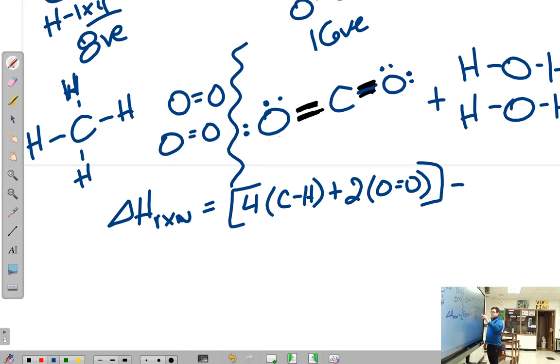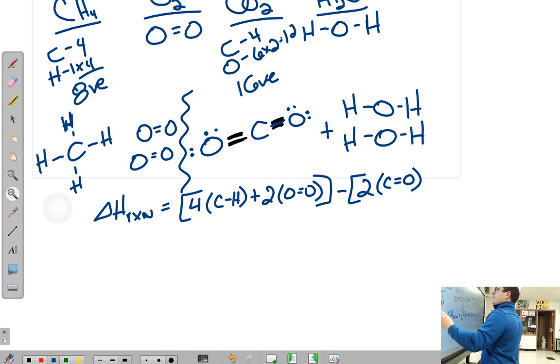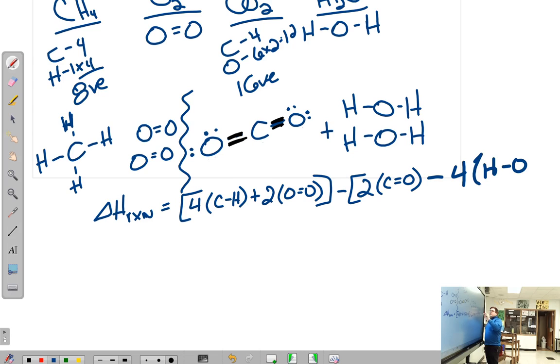Carbon dioxide and water. 2 carbon oxygen double bonds. And 4 hydrogen to oxygen bonds.